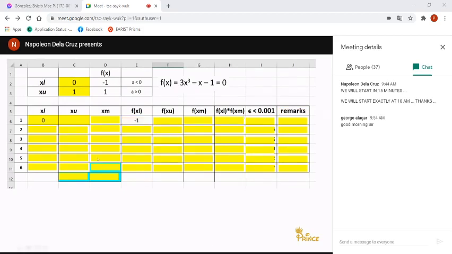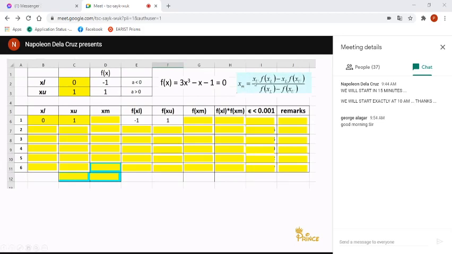Okay? You substitute this here. That will be the value. Okay? Substitute this here. What is the value? Okay? Then, solve for the xM. Here is the formula.